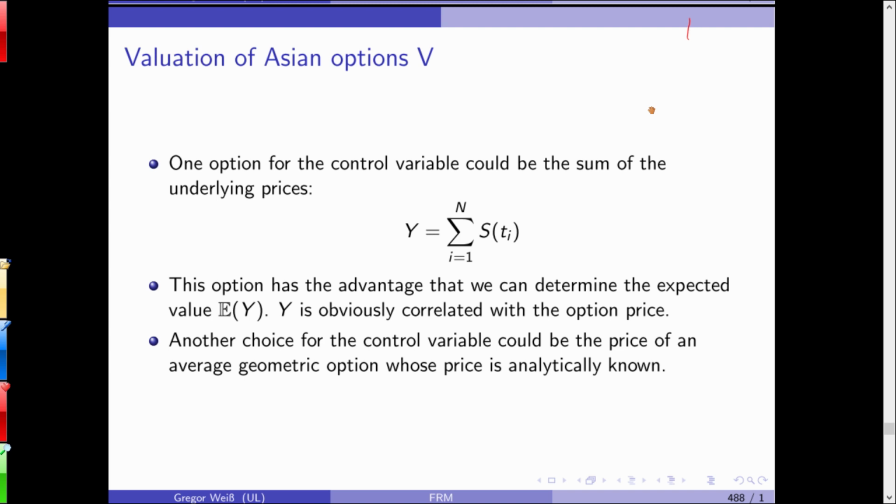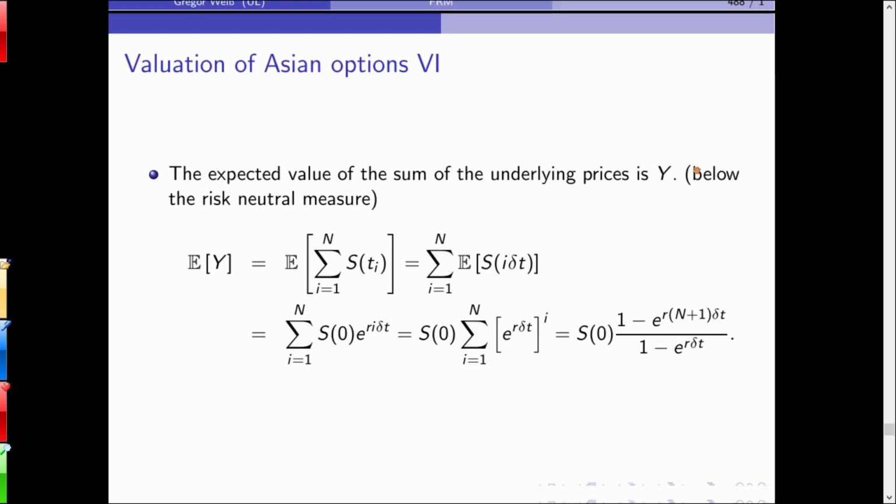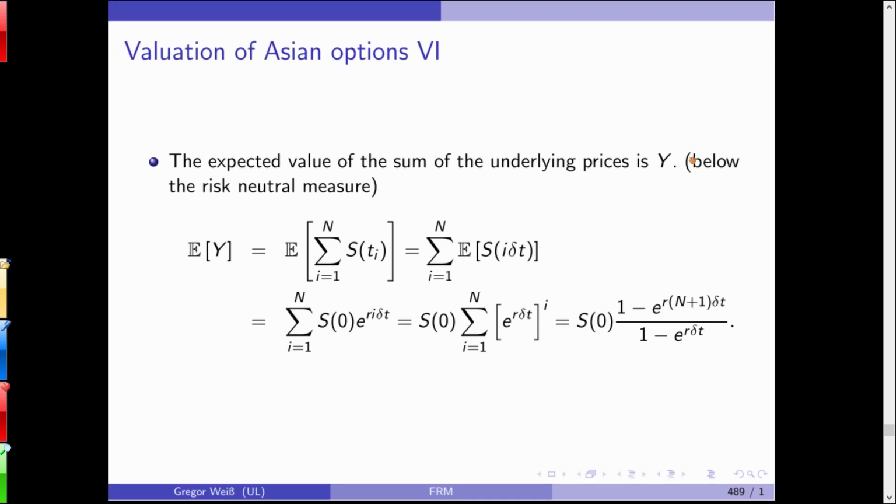Another choice could be the price of an average geometric option price. For this we know a Black-Scholes price, but we now use this average. The expected value of the sum of the underlying prices is y, and here you can use this if you have a geometric Brownian motion and you take the sum of all those steps.